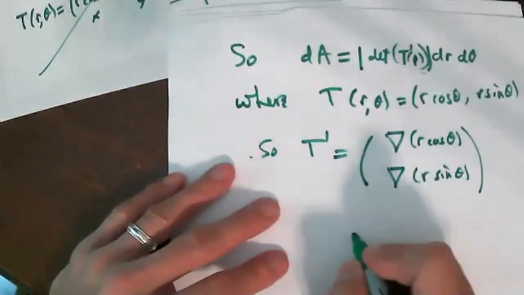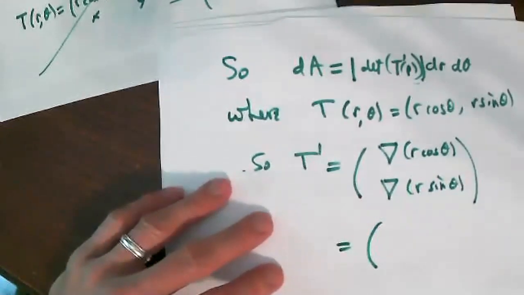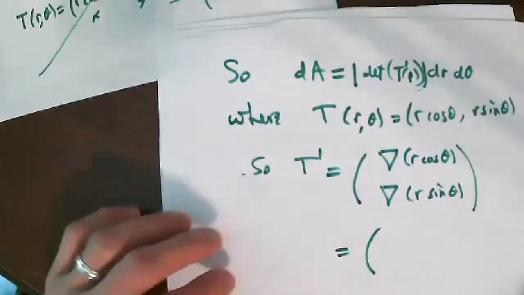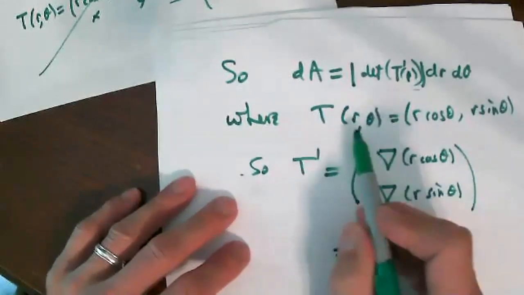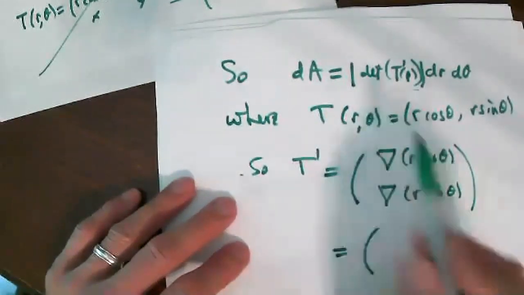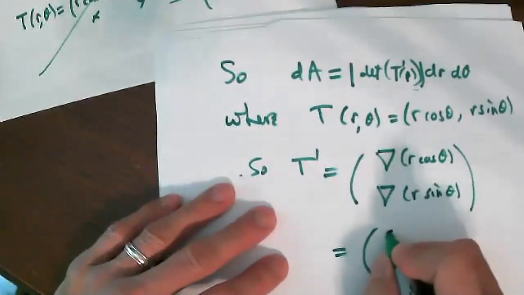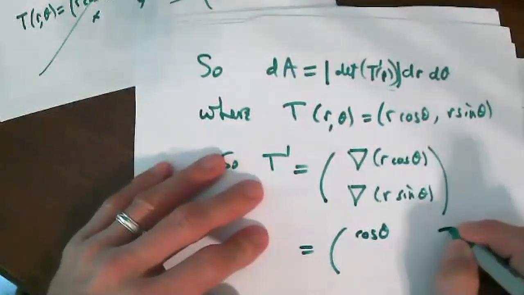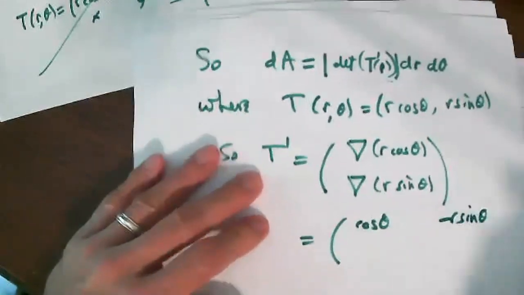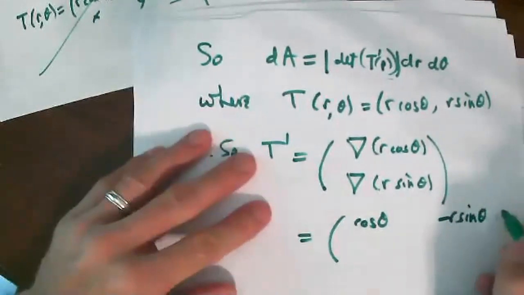And the gradient just means it's the row consisting of all the possible partial derivatives of that function. So I need to differentiate this function with respect to both r and theta. Here's the derivative with respect to r. Here's the derivative with respect to theta. And that's my top row.